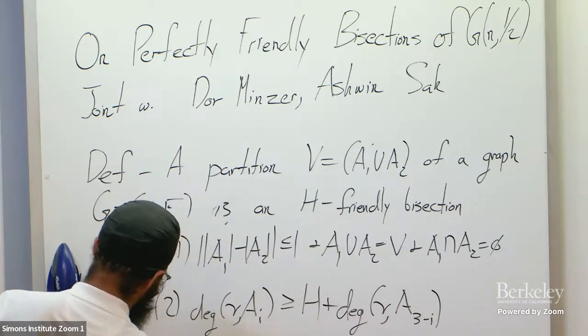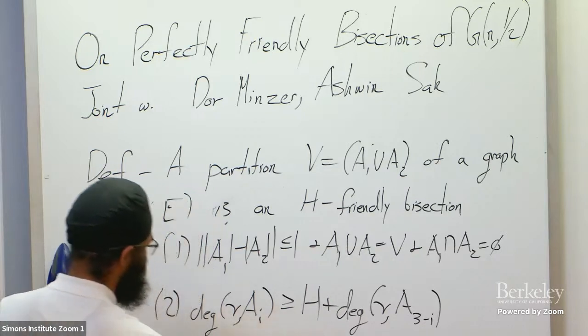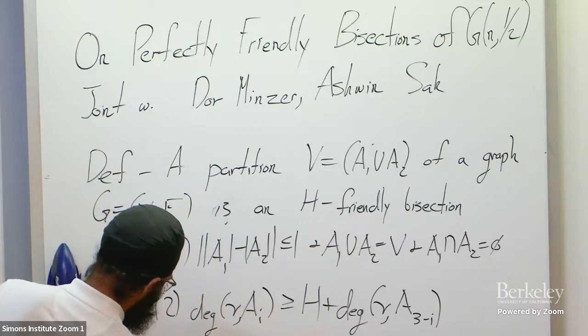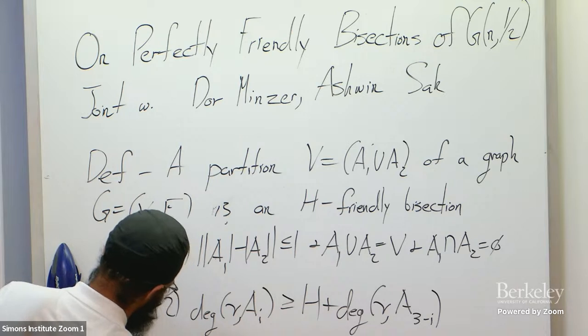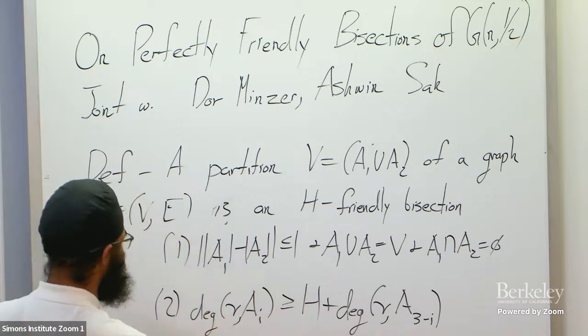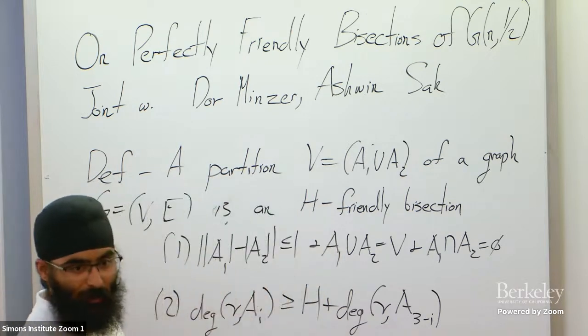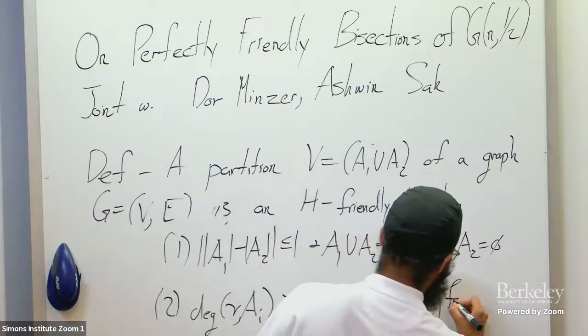So maybe just pictorially, you have a partition A1, A2, and every vertex here has more neighbors in its own part than in the other part, and has H more.